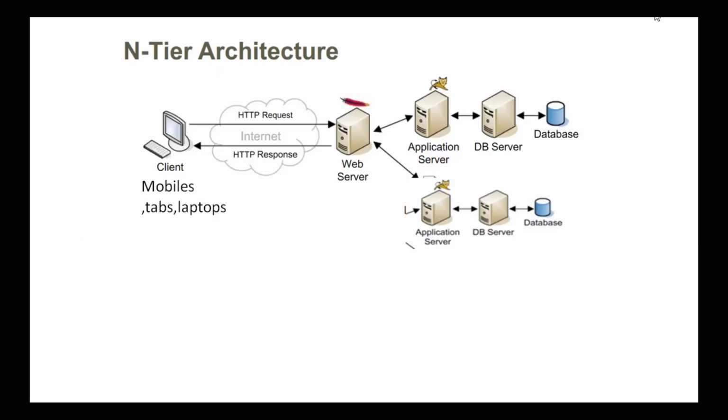Let's look at this diagram. In three-tier architecture and also n-tier architecture, many different clients can be used, like systems, mobiles, laptops, tabs, and so on. First of all, they contact the web server.